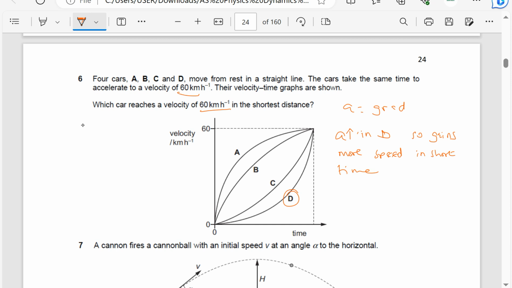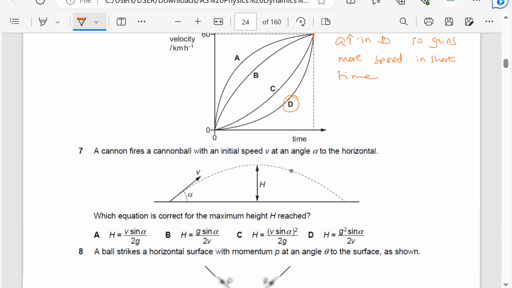Now for C and D, the acceleration increases, but it increases more rapidly in D than in C. So the answer is going to be D, because the gradient in D increases more rapidly than C. You notice that this would be turning to infinity like that, and the other graphs would cross. So the answer is going to be D.